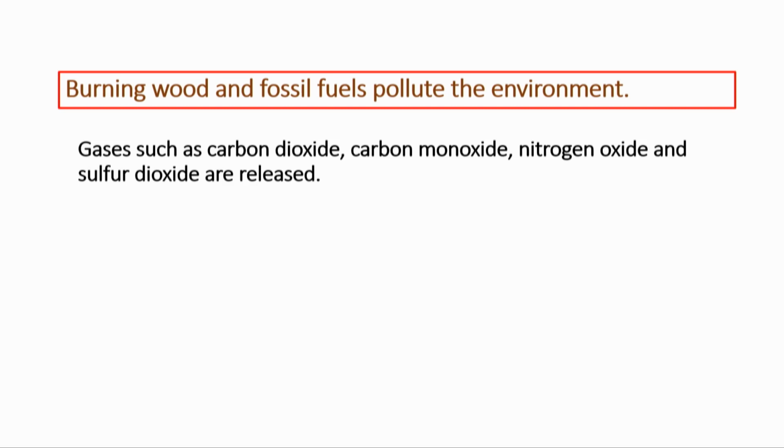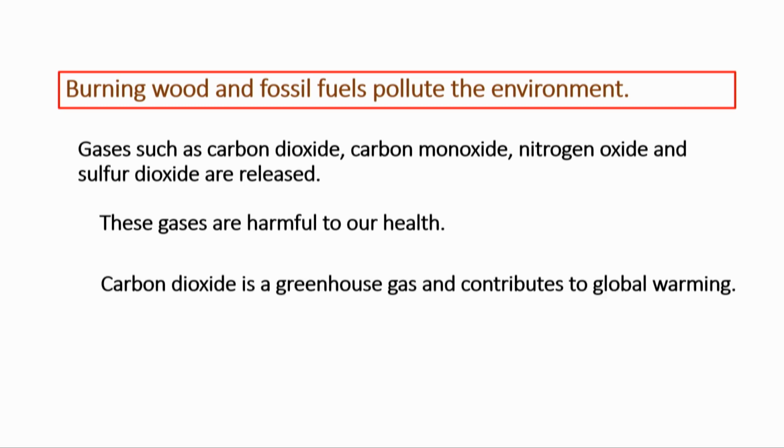Gases such as carbon dioxide, carbon monoxide, nitrogen oxide, and sulfur dioxide are released. These gases are harmful to our health. Carbon dioxide is a greenhouse gas and contributes to global warming.